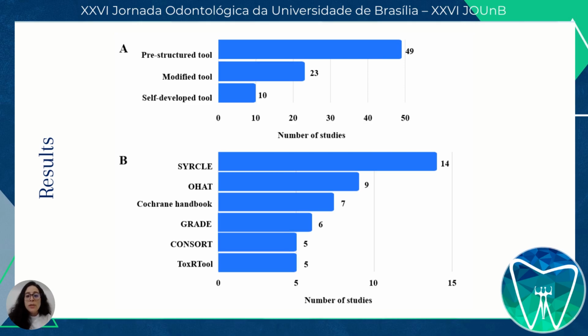The two most frequently used were CIRCLE and SYRCLE, the Systematic Review Center for Laboratory Animal Experimentation. Pre-structured tools lack important questions when analyzing cell culture studies, although authors may have thought that self-developed tools would fill the gap in methodological quality assessment of cell culture studies.